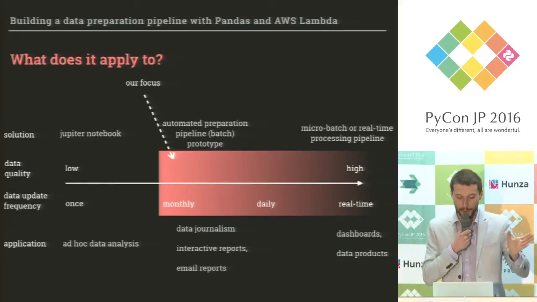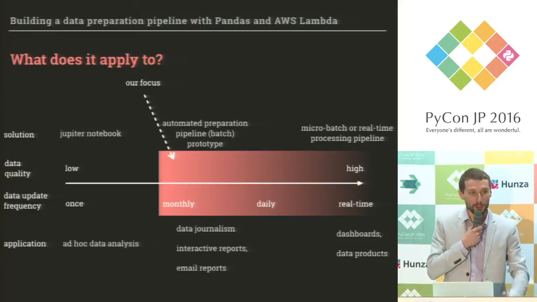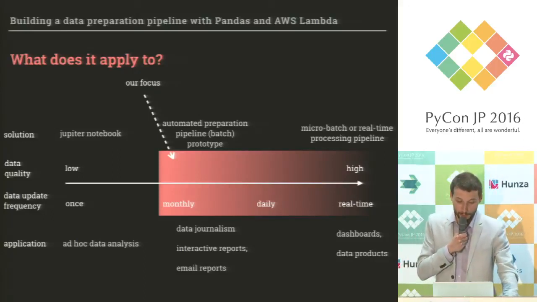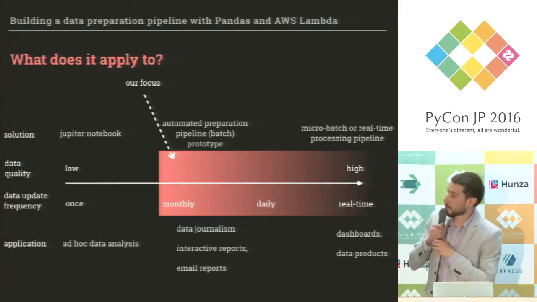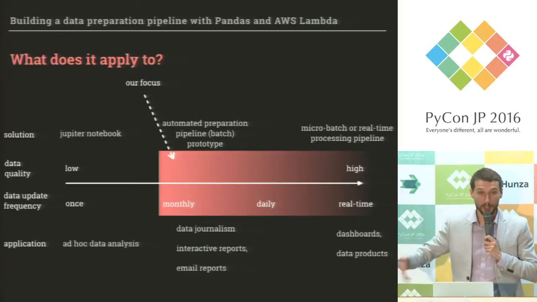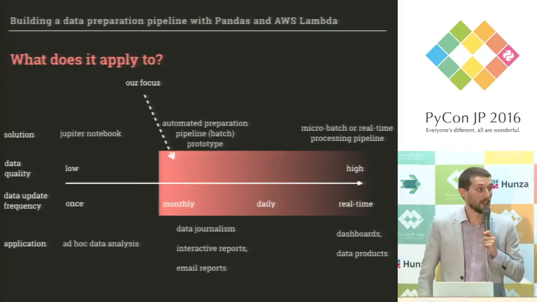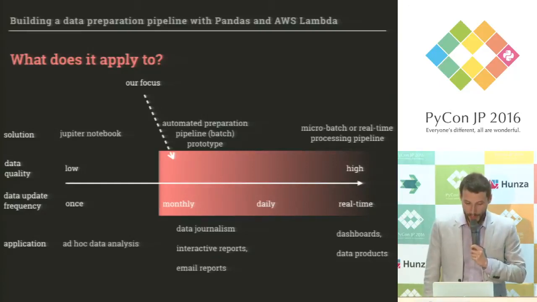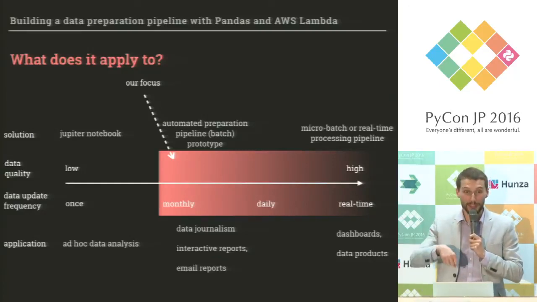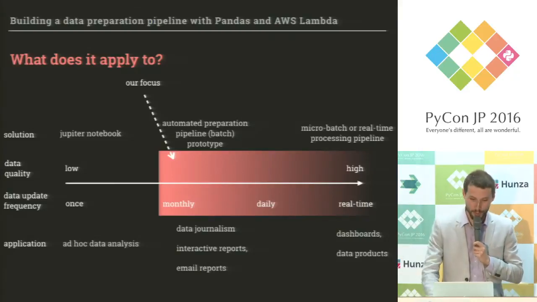And Lambda is more made for the right side of the spectrum: recurrent use, event-based use, and maybe real time. In the middle is exactly data journalism, interactive reports, etc. And on the right is maybe the dashboard of your Fitbit health tracker. For them, the data is rather clean in general.